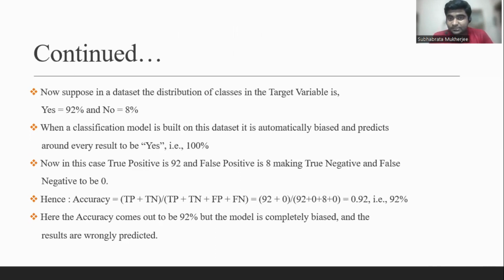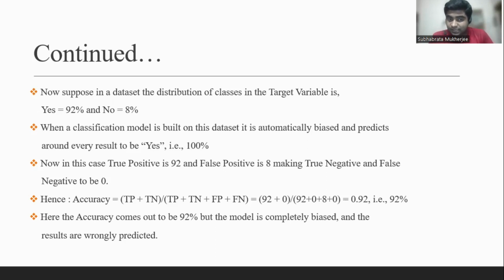Now, in this case, if we train our classification model with this imbalanced dataset, our model will predict each and every outcome to be positive only, because it will be biased towards the yes outcome, and it will not have the ability to predict any outcome to be no or negative.